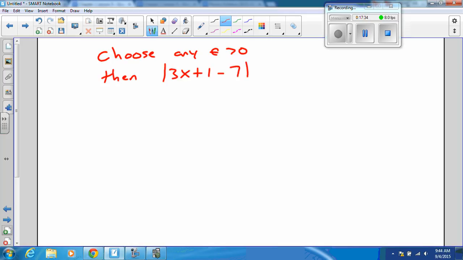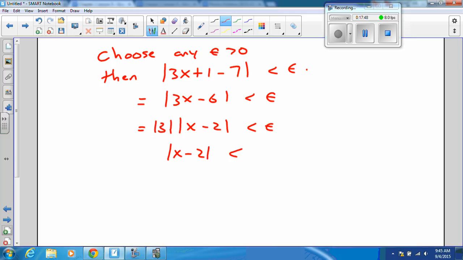Choose any epsilon greater than 0. Then the absolute value of 3x plus 1 minus 7 will be less than epsilon when the absolute value of x minus 2 is less than epsilon over 3.